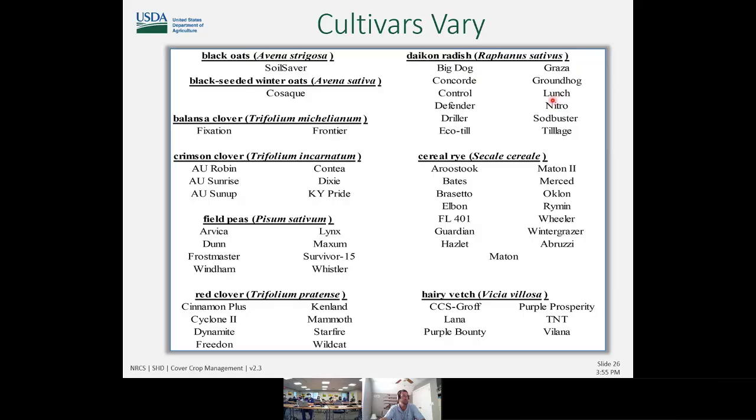So we can see there are a lot of variations and differences here. In cereal rye, we see the same thing. A lot of times we see Brucie, Elbon, Wheeler, which are very common. I doubt we're going to be planting Florida 401 in Delaware. So a lot of different considerations should be taken into account when selecting a specific species or variety.